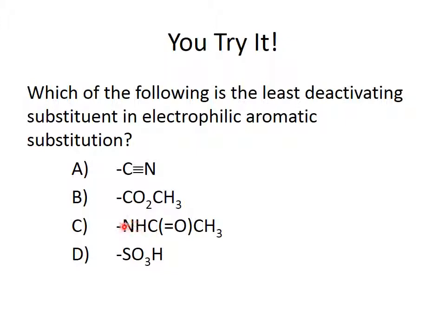So this would not be a deactivator. It actually would be an activator. Here you have a highly deactivating substituent because you have 2 oxygens double bonded to a sulfur. So the correct answer is this is least deactivating. In fact, it's an activator, not a deactivator.